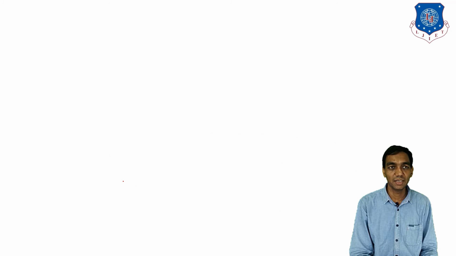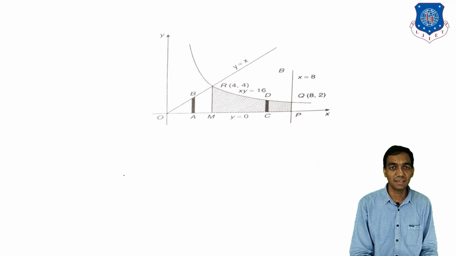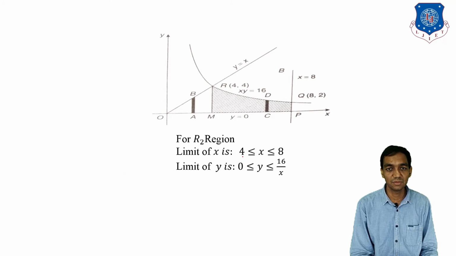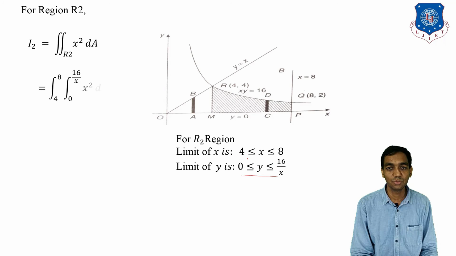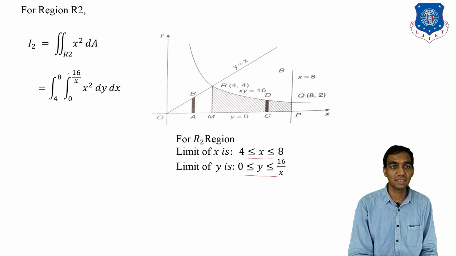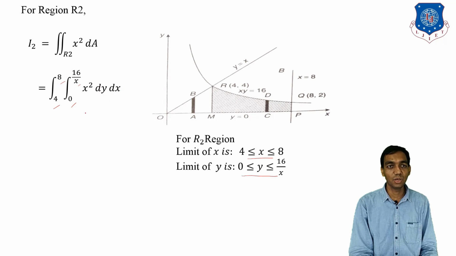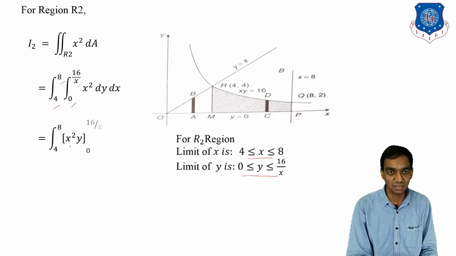In the same manner, if you find the second integration, then the second integration has a limit where x varies from 4 to 8 and y varies from 0 to 16 by x. So the second integration has a limit from 4 to 8 and from 0 to 16 by x, x square dy dx. Again, we are integrating with respect to y first.